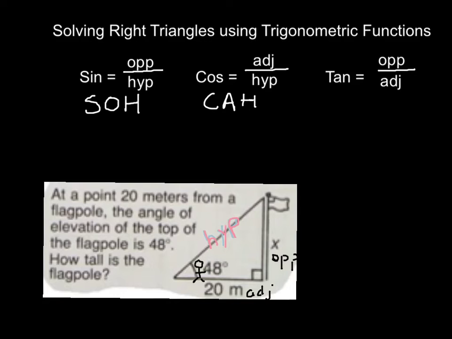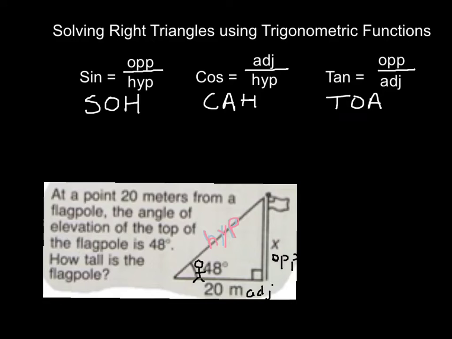So that kind of helps me remember what the order is in all my trig functions. Okay, it just means that the sine is the opposite over hypotenuse, cosine is the adjacent over hypotenuse, and tangent's the opposite over adjacent.